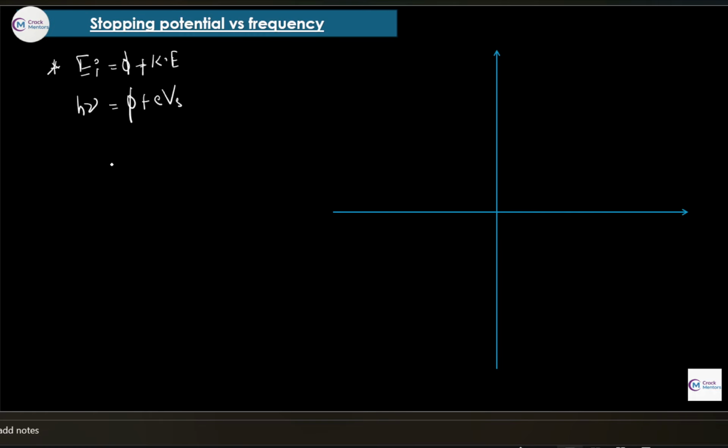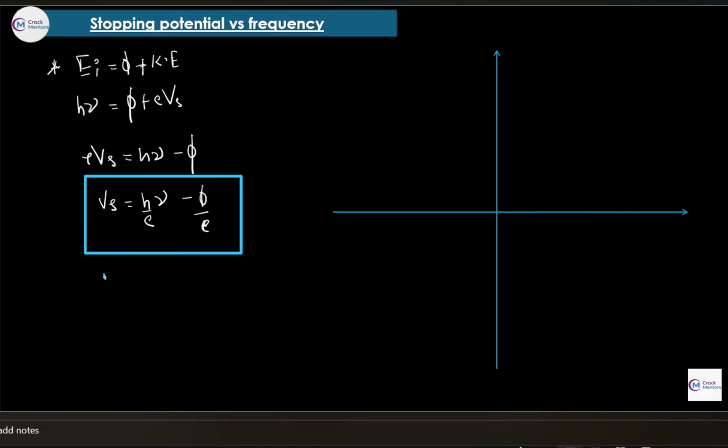So eVs is equal to h nu minus phi. Then Vs is equal to h upon e nu minus phi upon e. This is the value of the stopping potential that we are having right now.